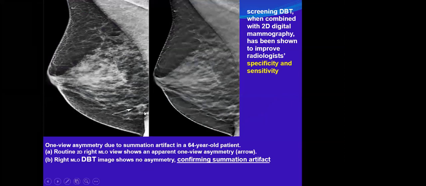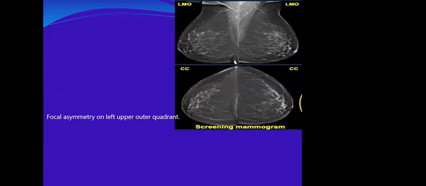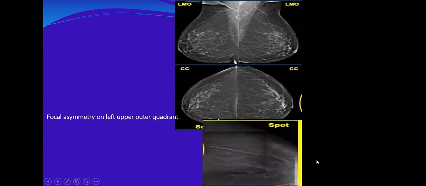In these examples, this is the 2D and this is the tomosynthesis, revealing that this asymmetry is just a summation artifact.